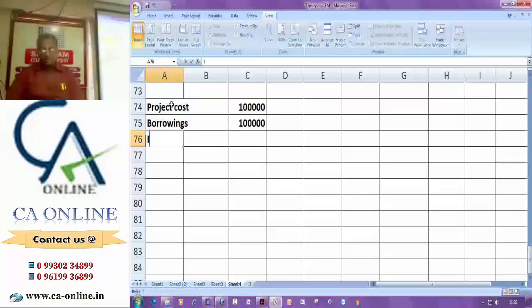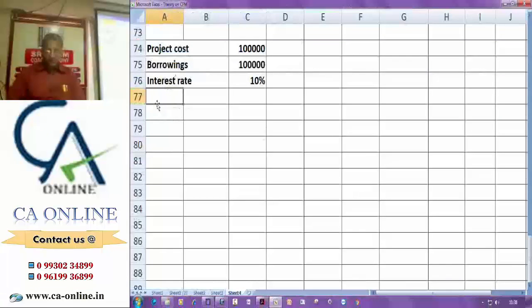Interest rate 10%. This is what we call the cost of capital. Then years 1, 2, 3, 4. My profit before interest and taxation is 25,000.